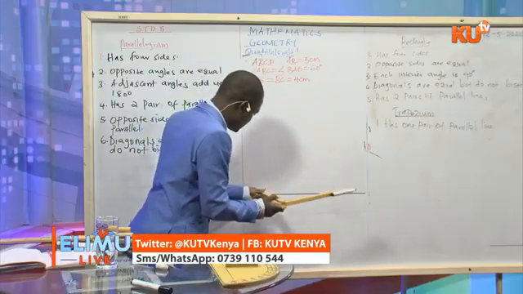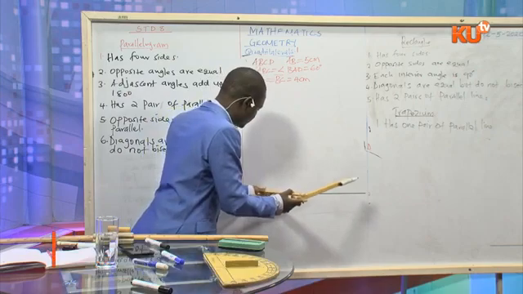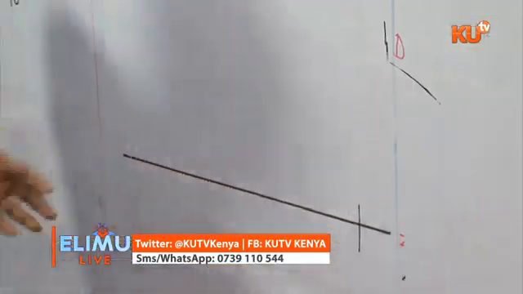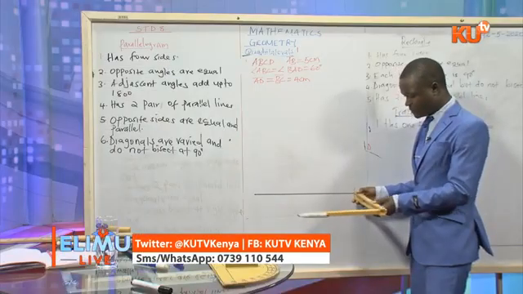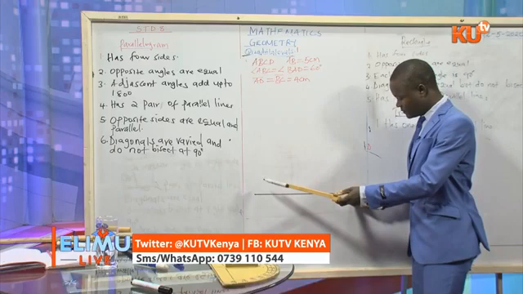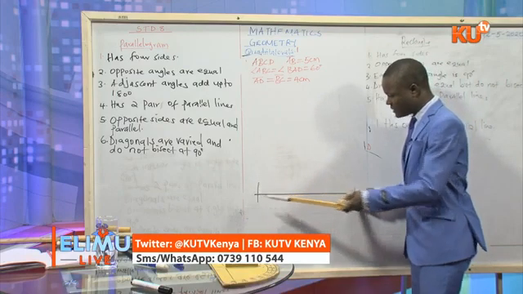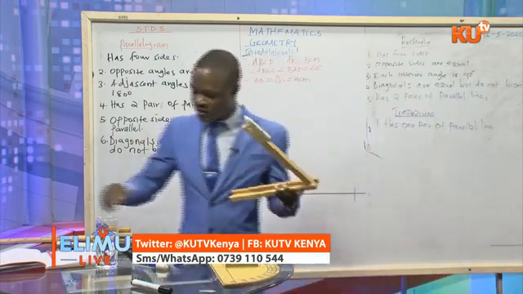Stand at any point on the line, then draw an arc like that. Come back again here. Make sure that you're very accurate. Construction needs a lot of accuracy. And don't shake.